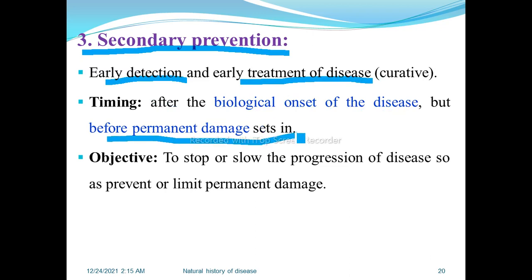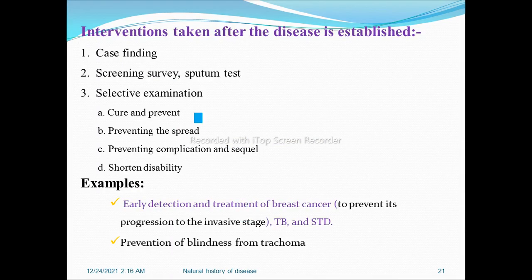In this case, the onset of disease has happened, so our aim is to stop or slow the progression of disease, so as to prevent or limit permanent damage. Interventions are taken after the disease is established: case finding, screening surveys, selective examination, cure and preventing the spread, preventing complications and further sequelae, and shortening the disability time.